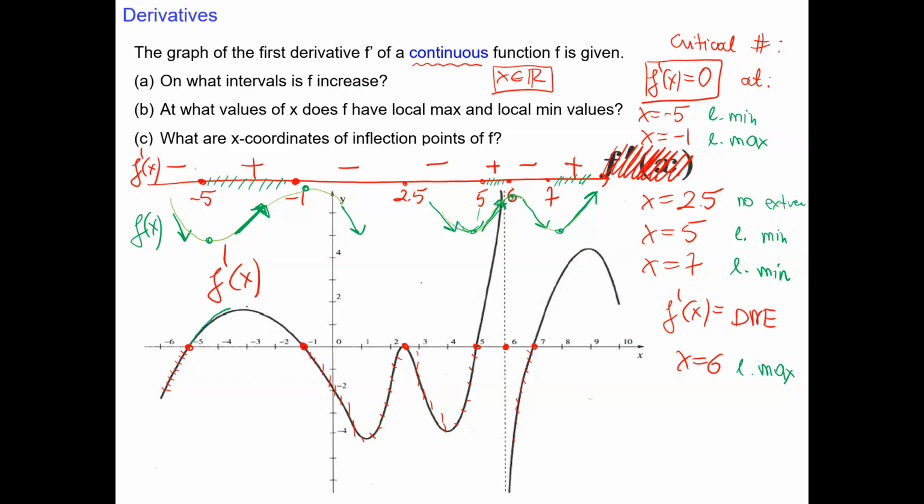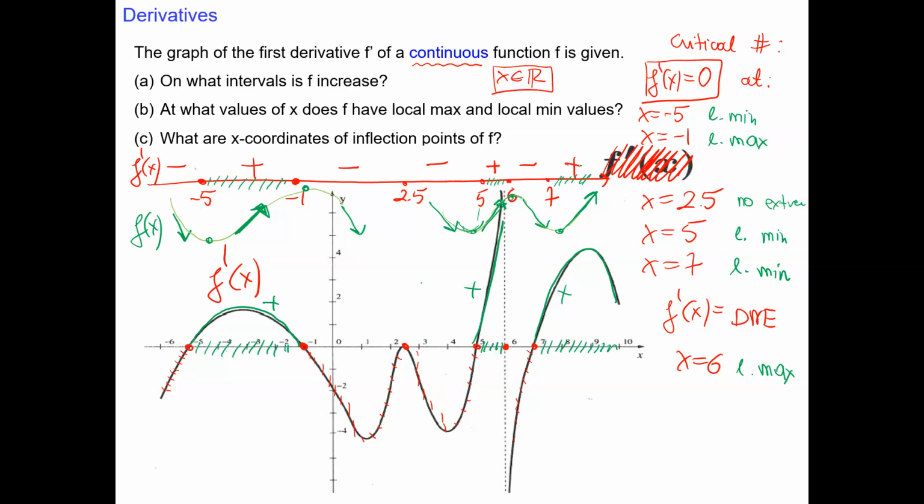If the graph of the derivative is positive, that's the intervals of increase. The green intervals. Okay, beautiful. We did part A and part B.